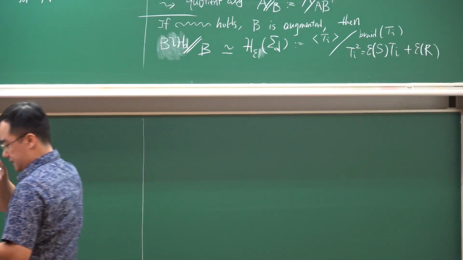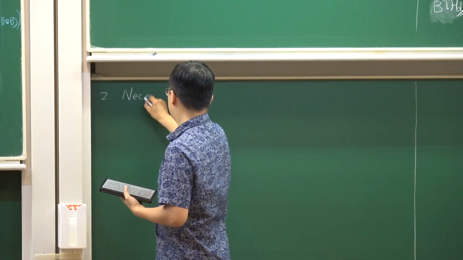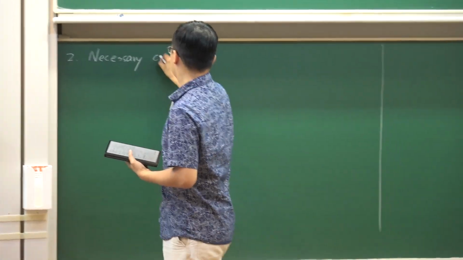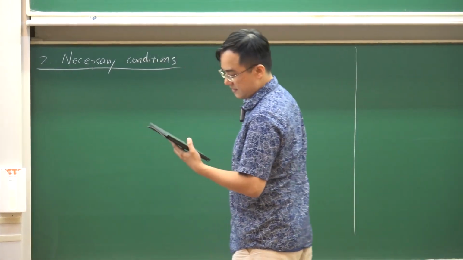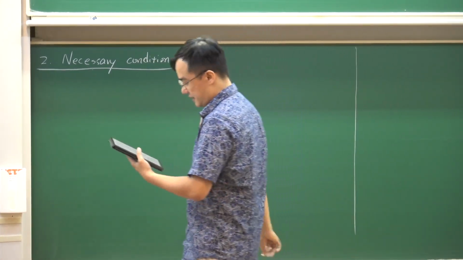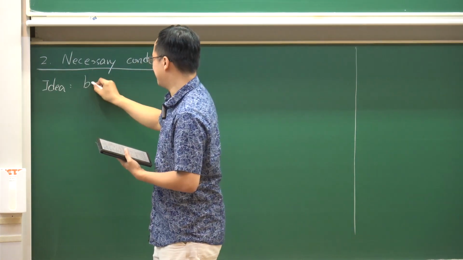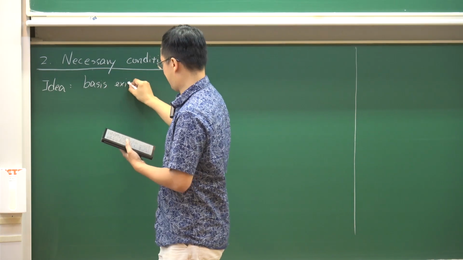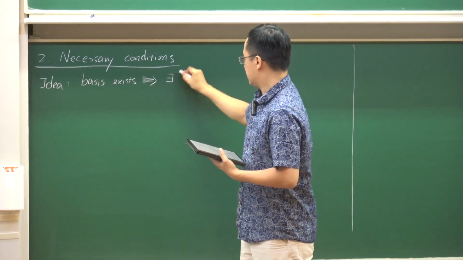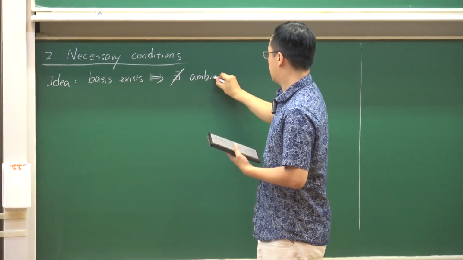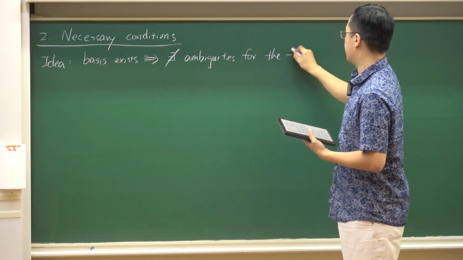Okay, so let's then talk about the necessary conditions in theorem A. So the idea, let me use a fancy language, is that such a basis exists. That means there are no ambiguities for the following expressions.